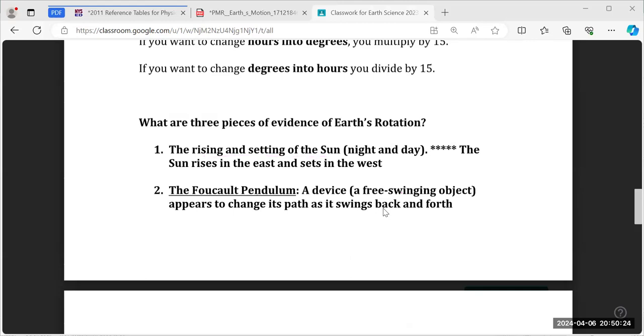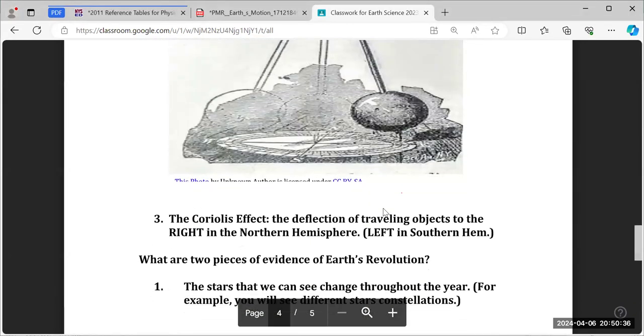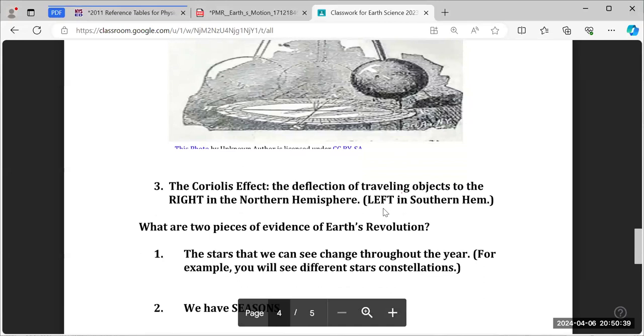Another is the Foucault pendulum, and how it appears, keyword appears, to change its path as it swings back and forth. The third is the Coriolis effect, which represents the deflection of objects, the way our global winds are being bent.